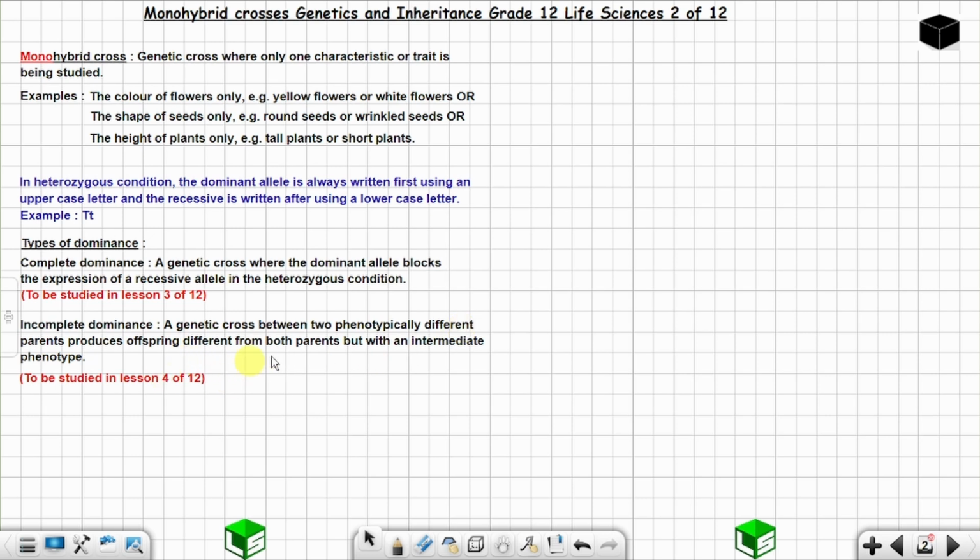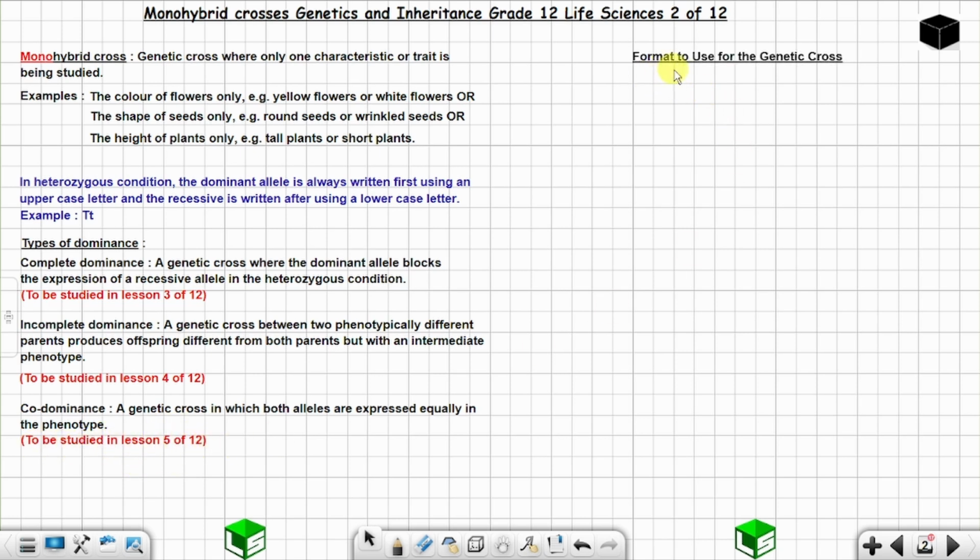We are going to see this in part 4 of 12. Another type of dominance is codominance. This is a genetic cross in which both alleles are expressed equally in the phenotype. We are going to see this in part 5 of 12.